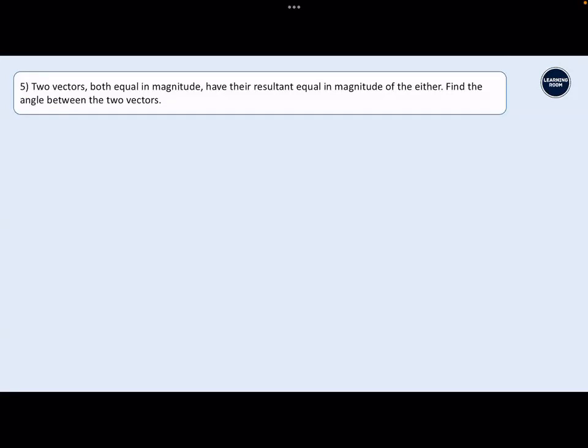The first one is there are two vectors, both equal in magnitude, have their resultant equal in magnitude of either. Find the angle between the two vectors.